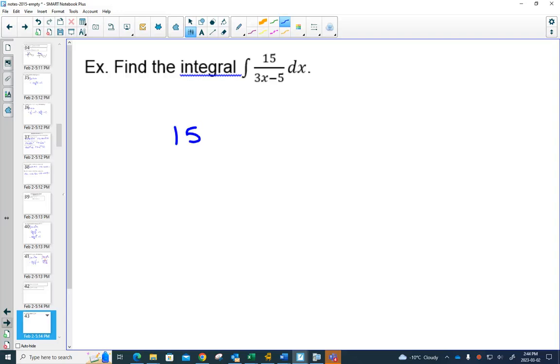This is the same as, I'm going to pull the 15 out, because you're allowed to pull out a constant. And you have a 1 over x with extra stuff on the bottom. So this is a natural log with a chain rule with a line inside of it.